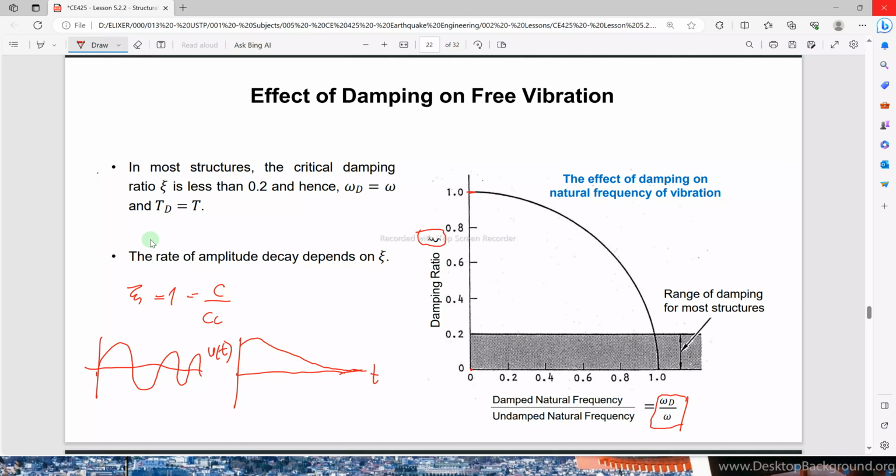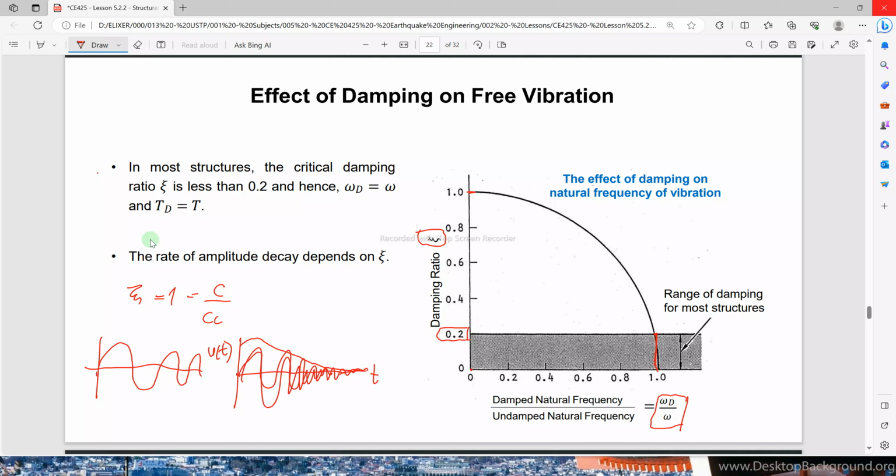And the more we move, the smaller the damping ratio becomes. Since the common damping ratio in structures is 0.2 and below, we can see that the ratio of the damped natural frequency to the undamped natural frequency increases. So the oscillations or cycles that happen on the structure also increase.